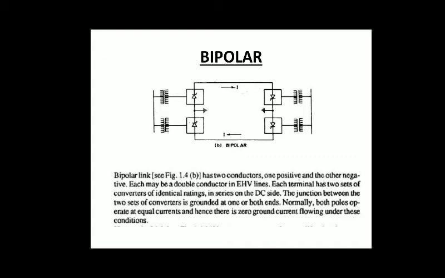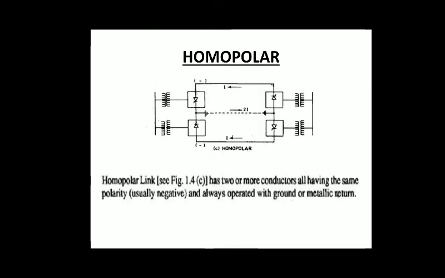The junction between the two sets of converters is grounded at one or both ends. Normally both poles operate at equal currents, and hence there is zero ground current flowing under this condition. Because both poles have equal current, the current that is going in is coming out, so nothing is going in the ground.